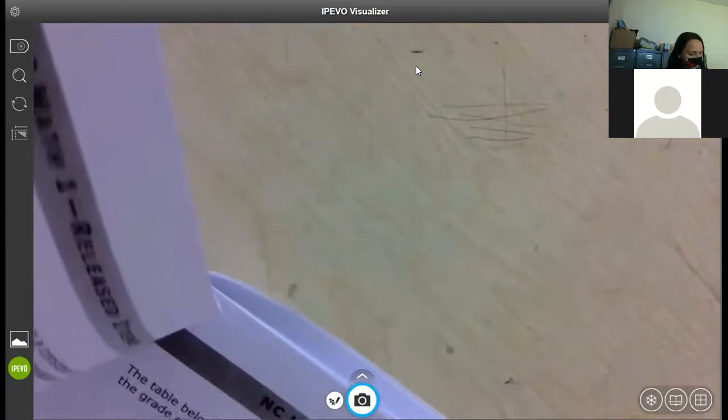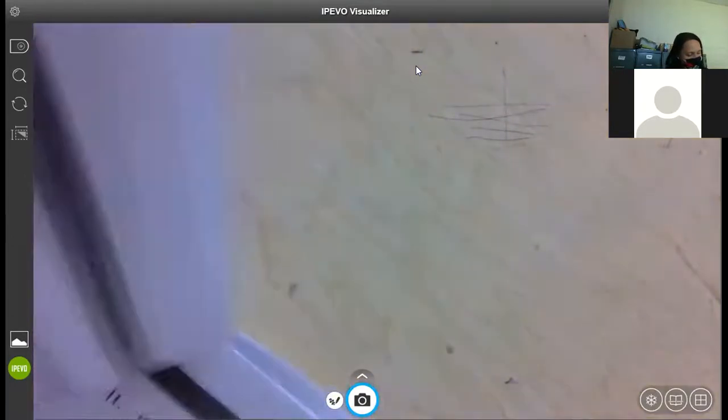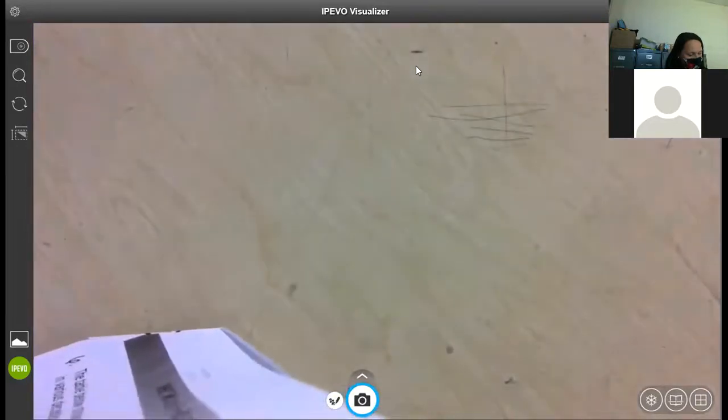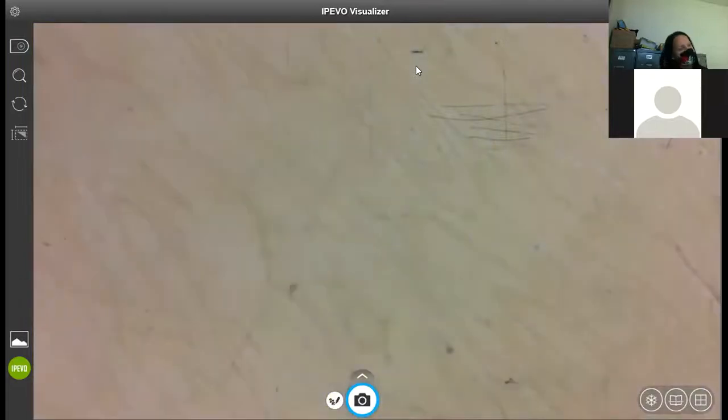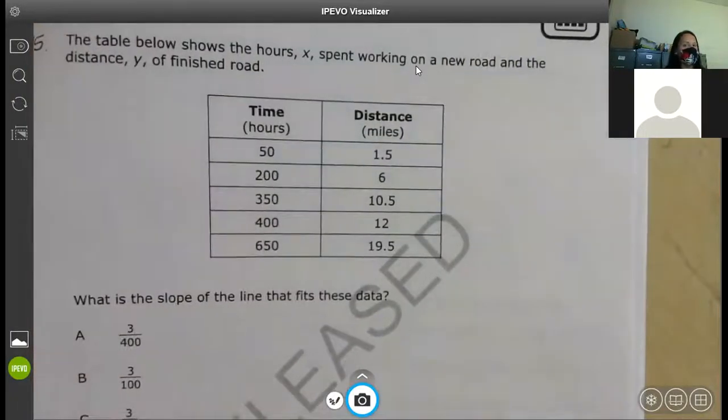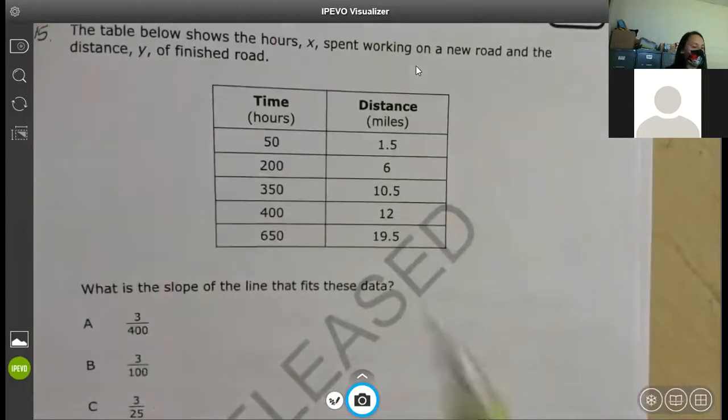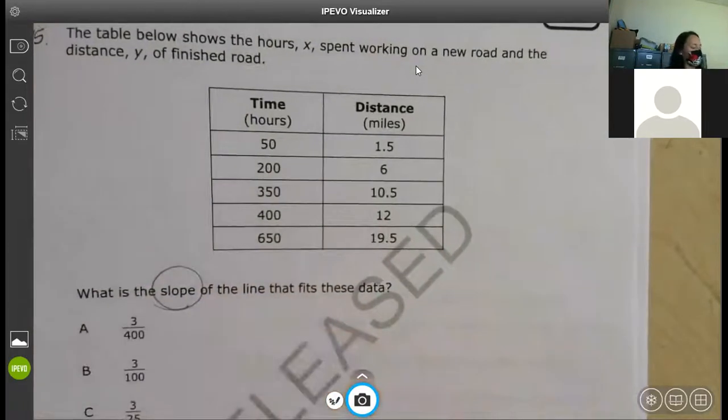Show you another one like that. It asks for the slope again. So how do we find the slope? We put it into stat.